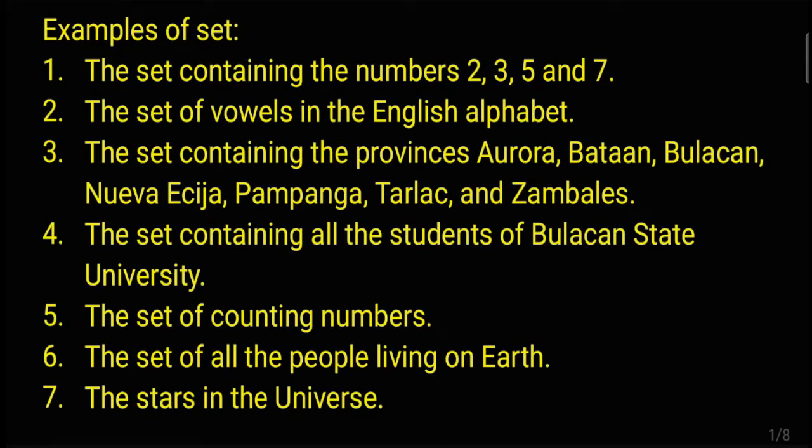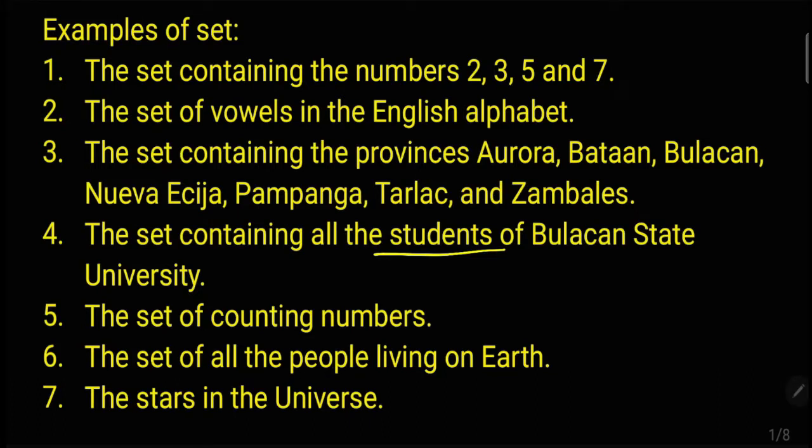Number 4, the set containing all the students of Bulacan State University. In this example, the set is properly defined since it contains all the students of the said university. Number 5, the set of counting numbers. It's identified that this set contains the numbers 1, 2, 3, and so on. Number 6, the set of all people living on earth.